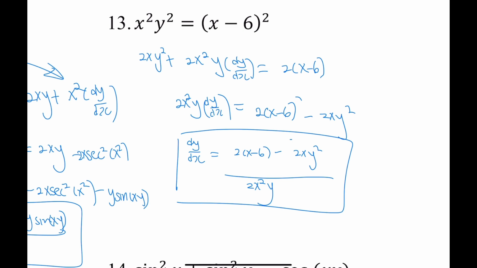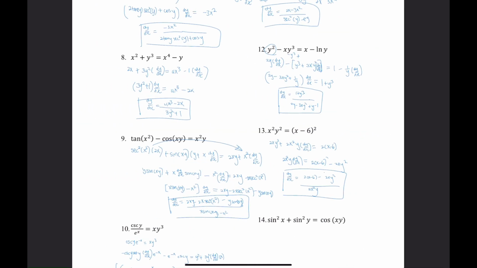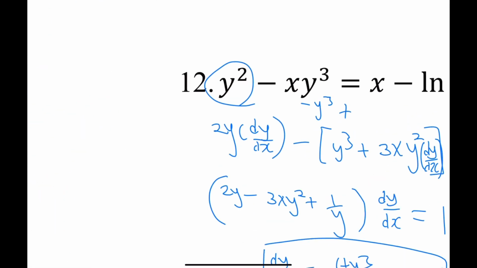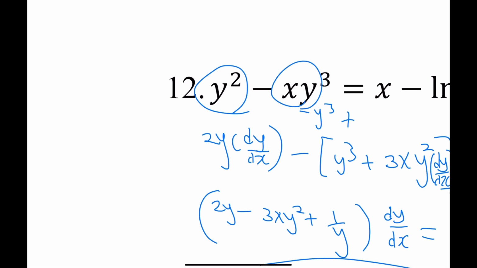So implicit differentiation, especially when it becomes more complicated, with a lot more terms, is going to get a little bit more complex. So you have to make sure that you're keeping track of all your answers, and that for each term you're doing the right operation. For example, if you have a product rule thing, you have to make sure you're using proper product rule form, and then you also have to make sure that you're doing dy over dx for the y term differentiations.